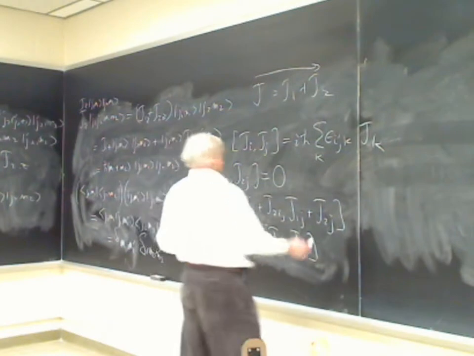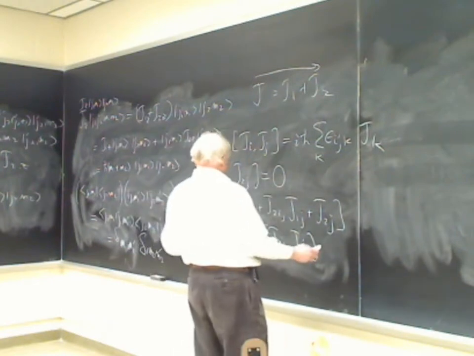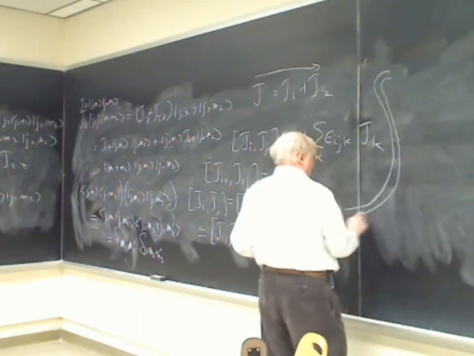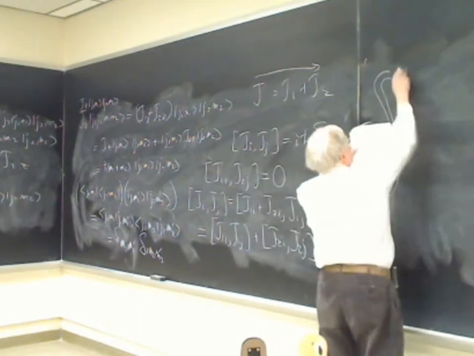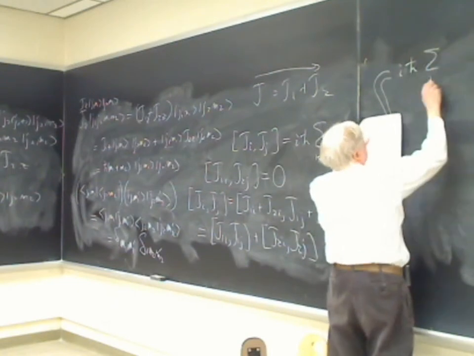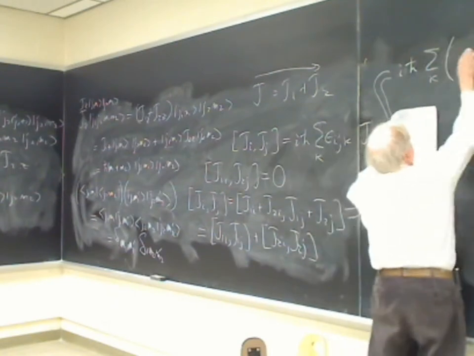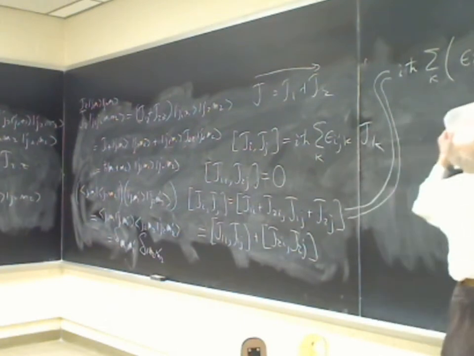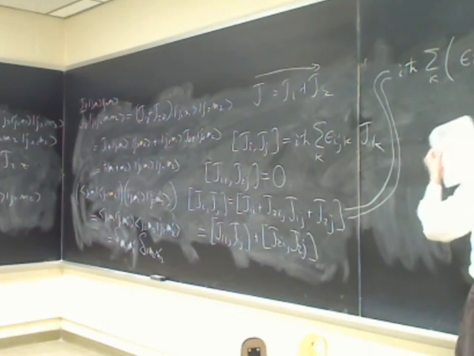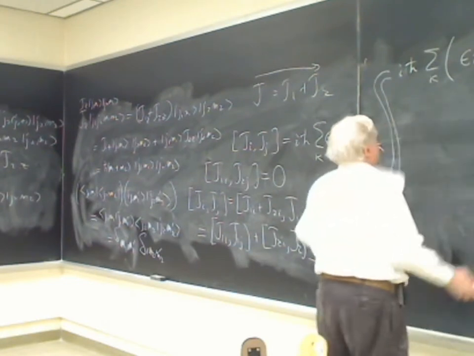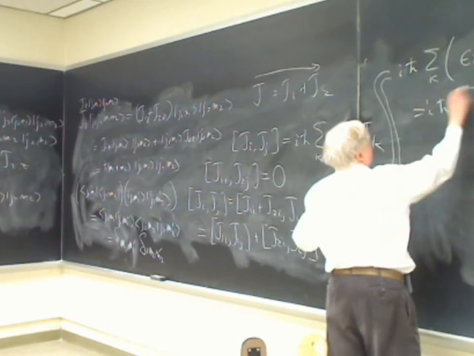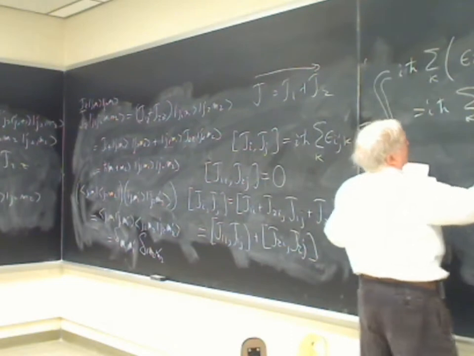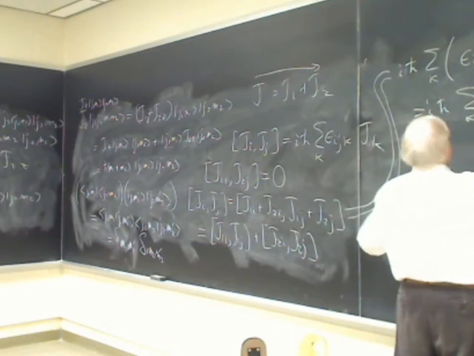This is equal to I H bar sum on K, epsilon I J K, J1K plus epsilon I J K, J2K. Combining the two together, that of course is I H bar sum on K, epsilon I J K, JK.